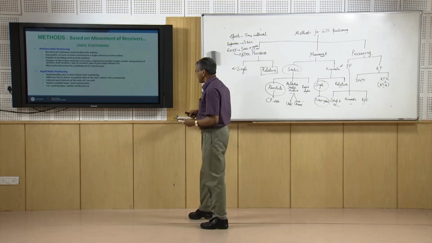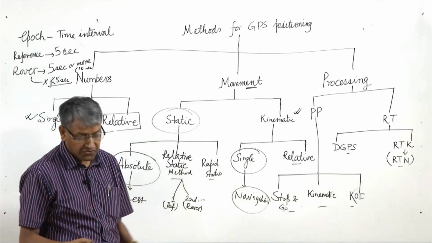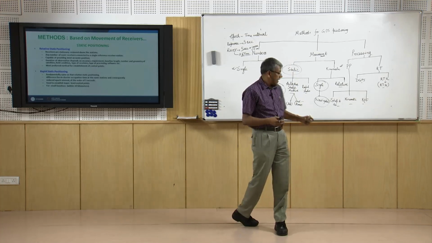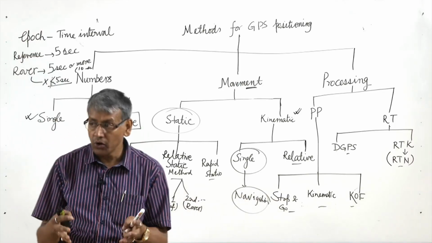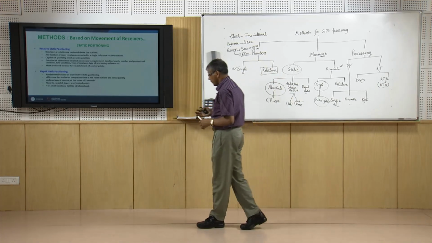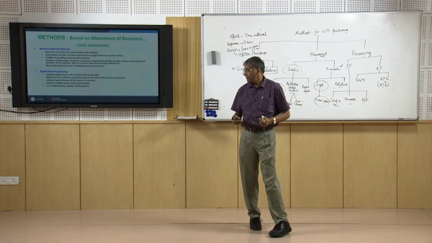Later we will download the data from all the receivers and process it together, and the position of the reference receiver is known, with respect to that the locations of the other receivers will be determined.